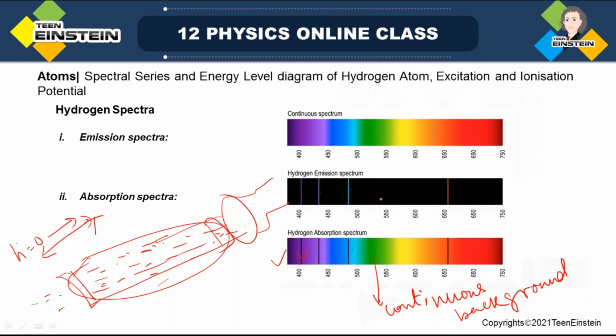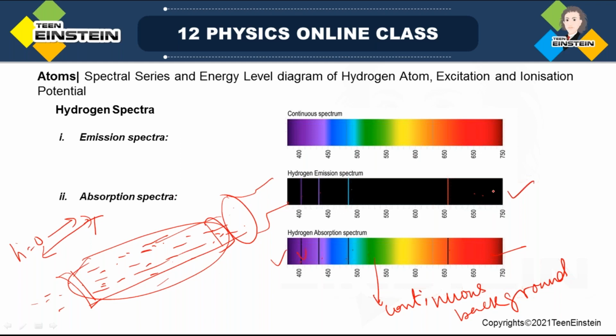So in emission spectra we will see these bright lines of various frequencies in the black background. If you do the experiment in the laboratory, you will see exactly this kind of spectra. In absorption spectra the background is bright, and in emission spectra the background is black.